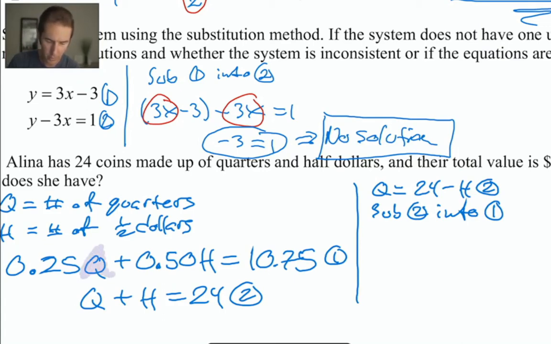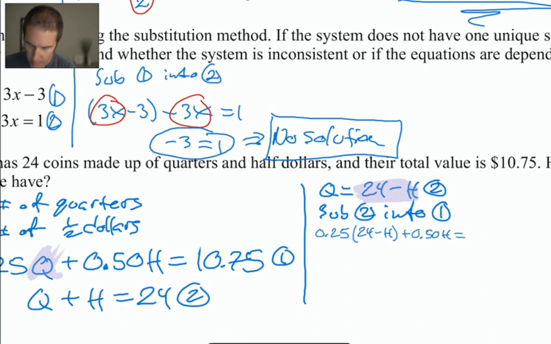I'm going to replace this Q with, on the right-hand side of your screen, 24 minus H. We'll see what happens. 0.25 times our new Q value of 24 minus H. And then continuing on with equation number 1, we've got plus 0.50H equals 10.75. And that's equation 1 because we substituted equation 2 into equation 1.